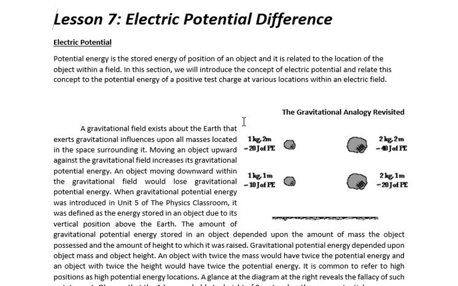Now, what we have to discuss here is the interaction of a certain charge when it is placed into a homogeneous or a certain group of charges. We call that the electric potential difference.